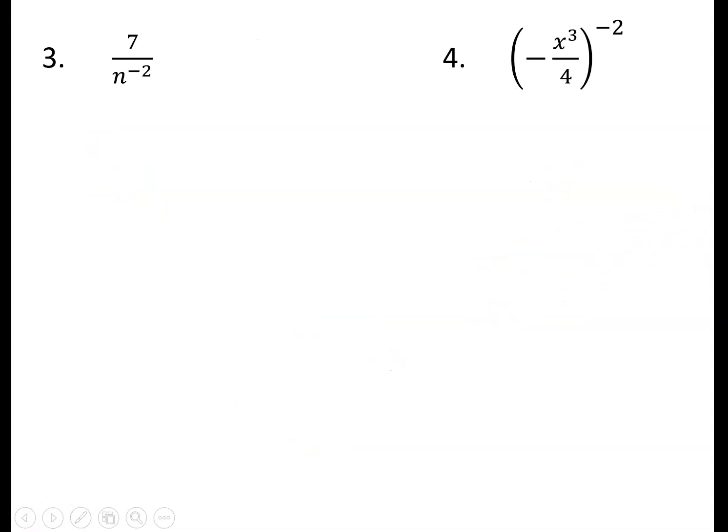Look at number 3. Now we have a negative exponent in the bottom. So let's think of the rule this way. Again, it's really the same rule, but it's already negative in the bottom. Then what we want to do is write it in the top with a positive exponent.